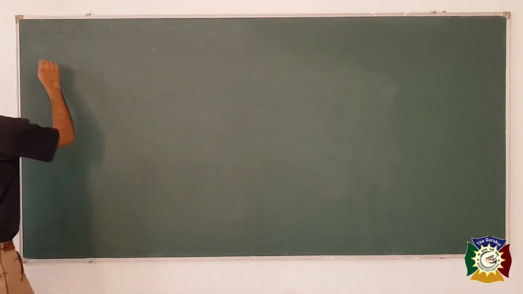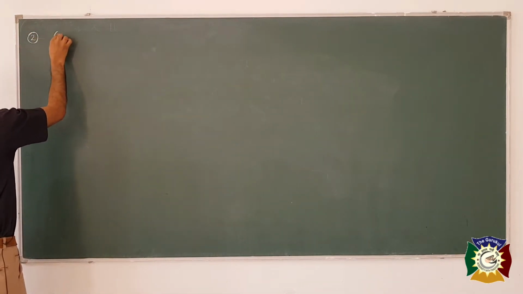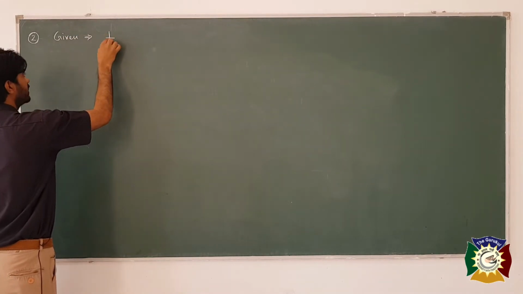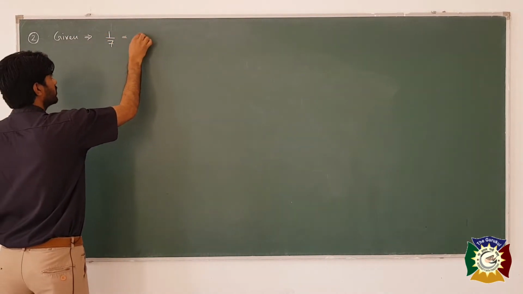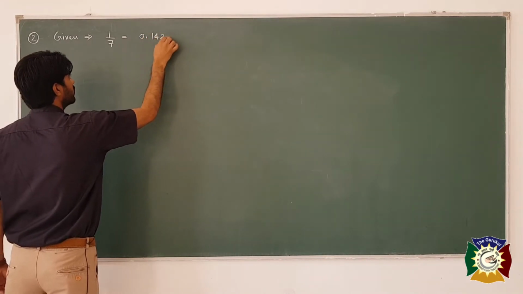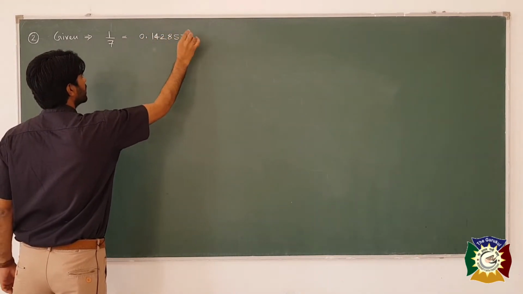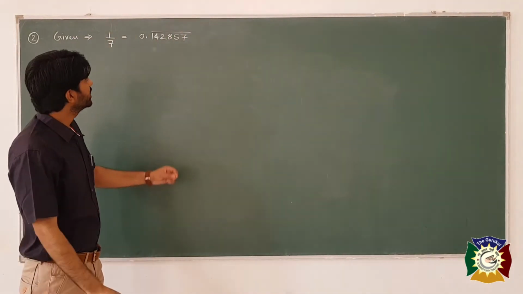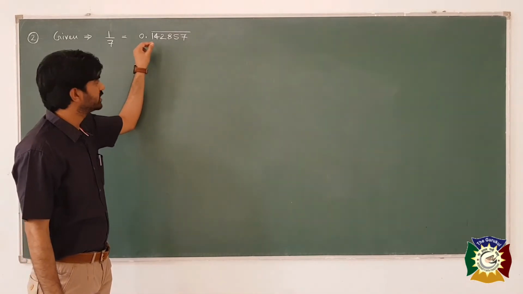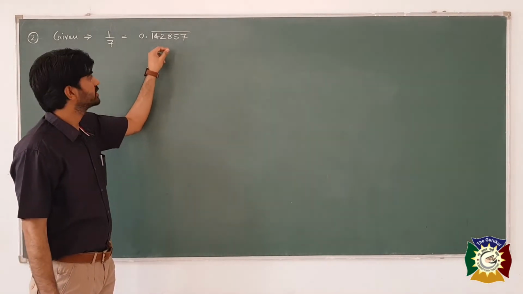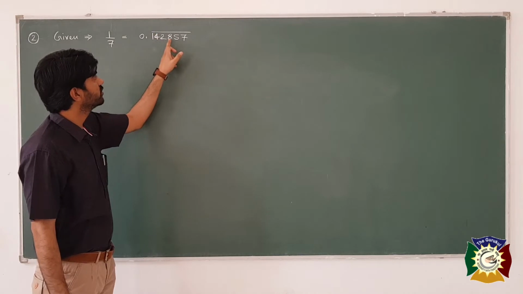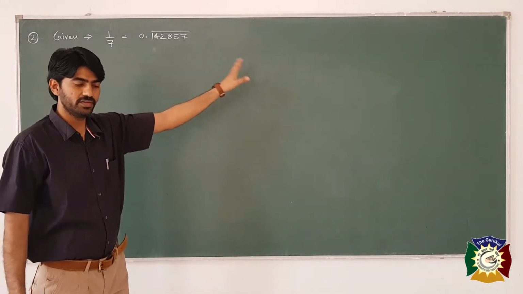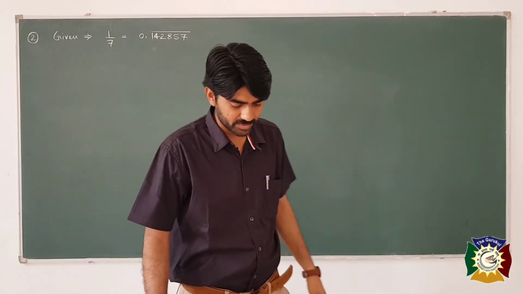We are given 1 divided by 7 is equal to 0.142857, and bar is there on all 6 digits. It means the repeating block of this number has 6 digits, 142857, again 142857, again 142857. All 6 digits are being repeated.